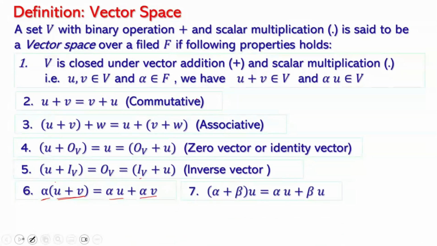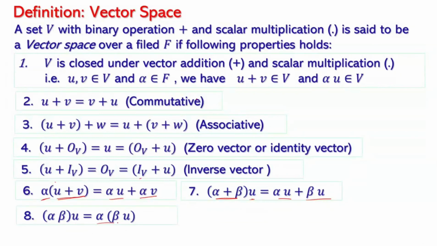These are easy to verify, so we are not going to verify them. In the same way, the scalar addition alpha plus beta over the vector u will be alpha u plus beta u. And if alpha beta multiplies u, and if you exchange it, then the outcome will be the same. And the last property, multiplicative identity, is 1u is equal to u.